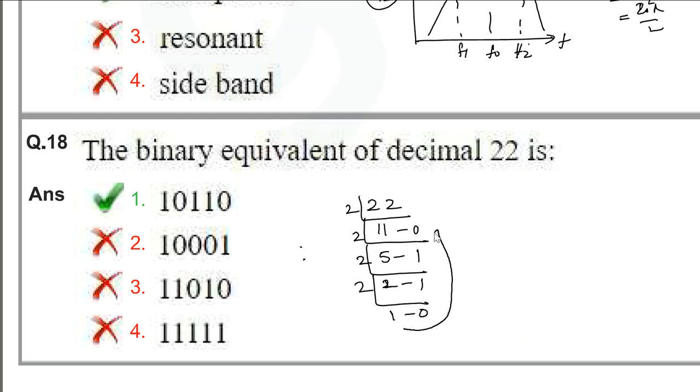So go in this manner. So the answer will be 10110.